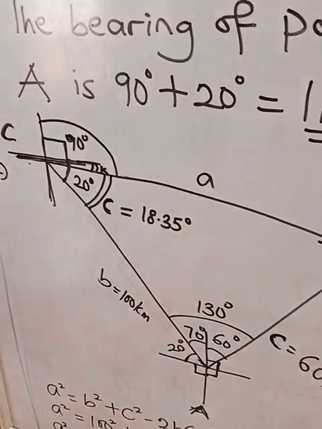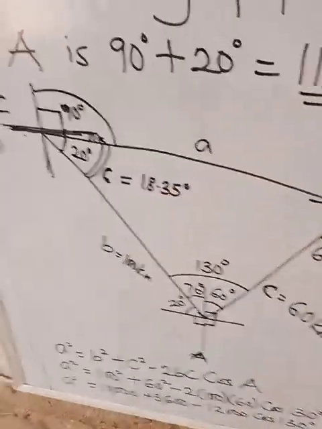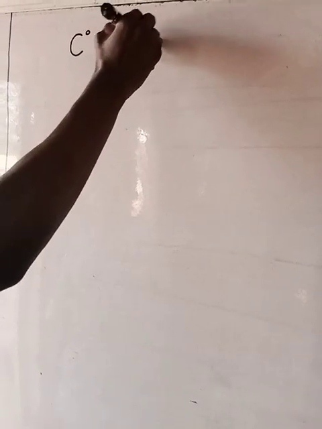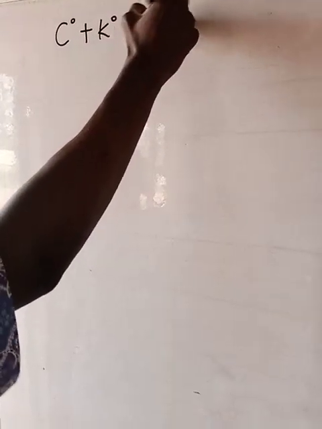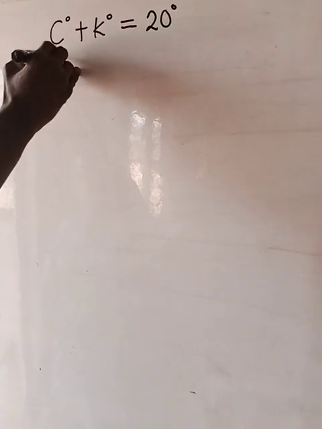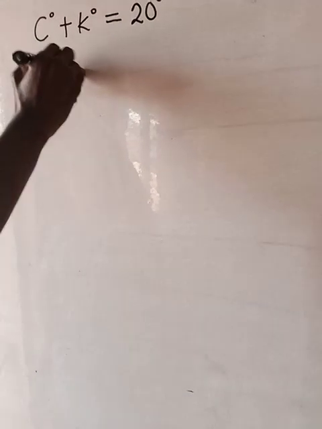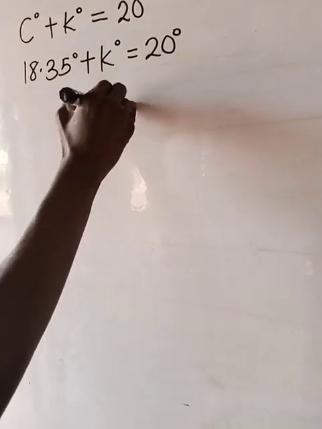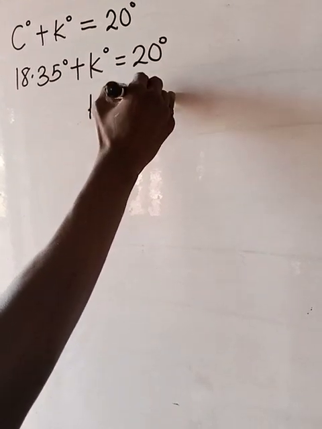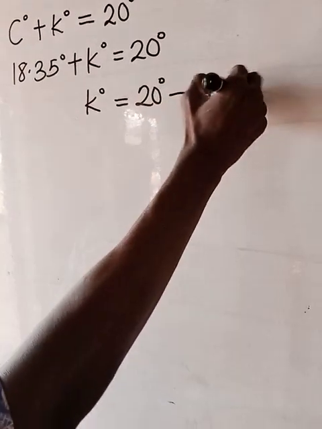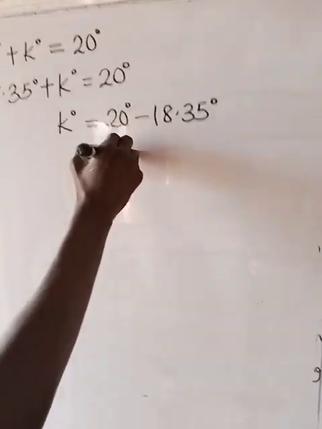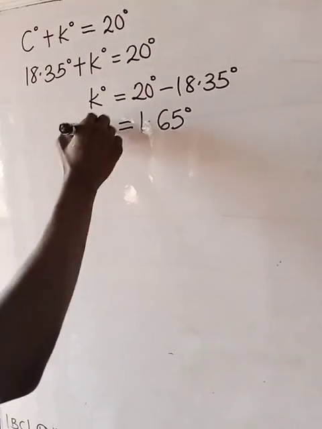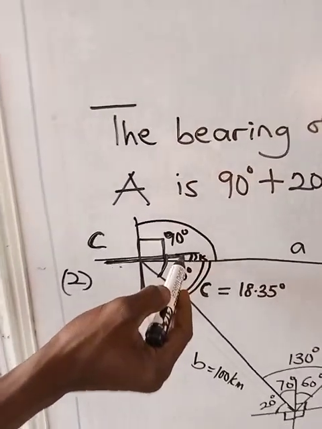From our sketch, we have said C plus K equals 20 degrees, and we just got C to be 18.35 degrees. So angle K, that small angle, will be 20 degrees minus 18.35 degrees, and that will be 1.65 degrees.